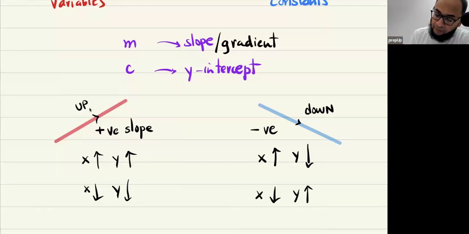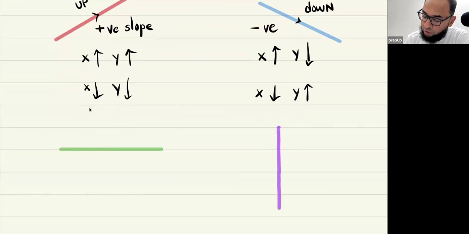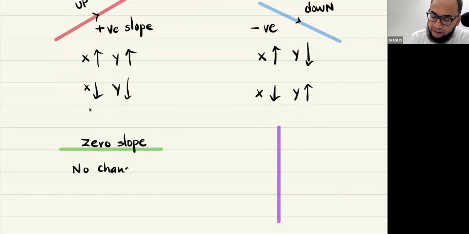All good? There could be a possibility in which the slope is like this. Let me draw it. A slope could be like this, or like this. So this one is a zero slope. Why? Because there is no change in height, and it's a horizontal line.